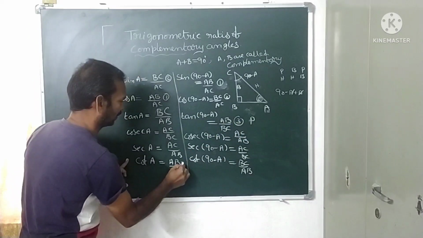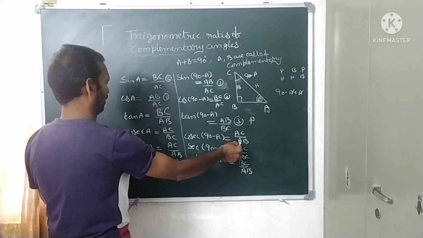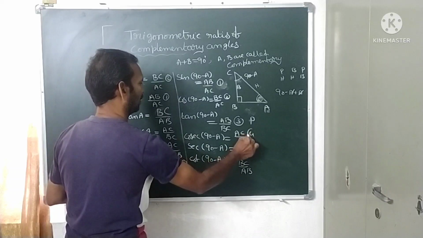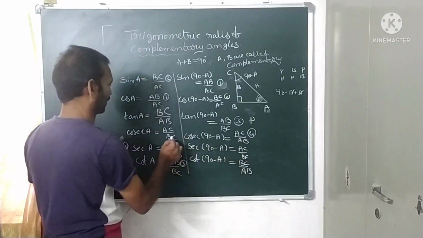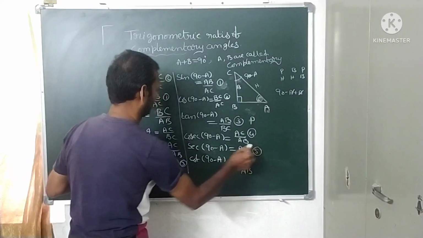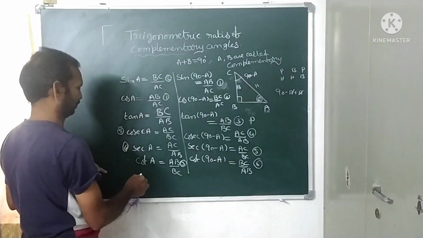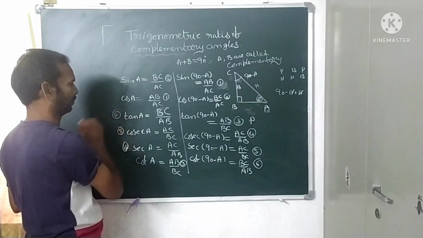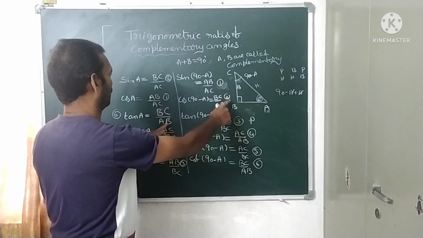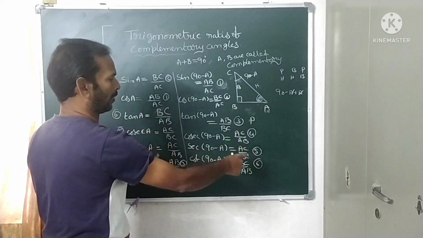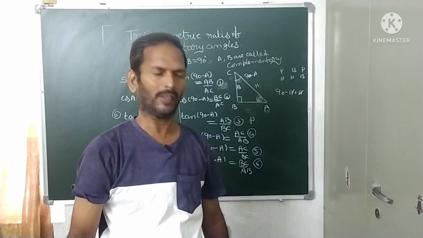Third one: AC by AB, AC by AB. 4: AC by BC, AC by BC. 5, 6. Okay children, so RHS of 1 and 1, 2 and 2, 3 and 3, 4 and 4, 5 and 5, 6 and 6 are equal. So RHS equal, automatically LHS also equal. That will conclude here.